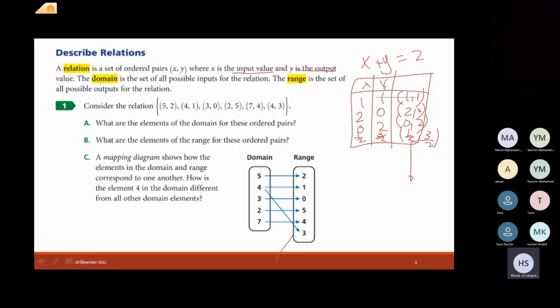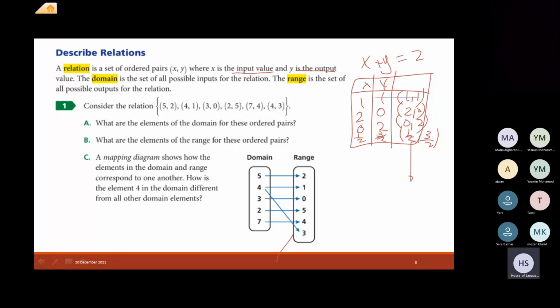Where is the input? X. If I enter x, I get y. If I put milk and Nescafe as an example, I will make a cup of Nescafe, so the inputs are the milk and the coffee, and the output is the Nescafe. If I put x, what will I get?